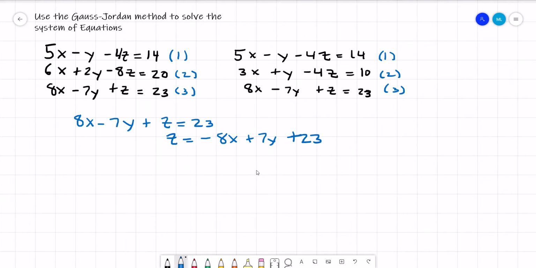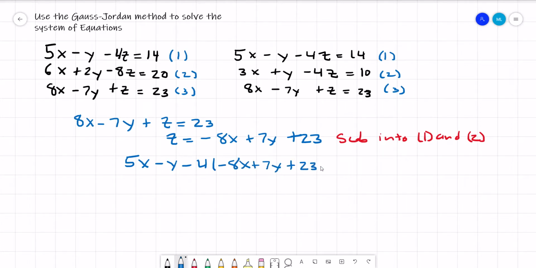Now we want to substitute this into equations 1 and 2. So for instance, you're going to have 5x minus y minus 4 multiplied by negative 8x plus 7y plus 23 equals 14.